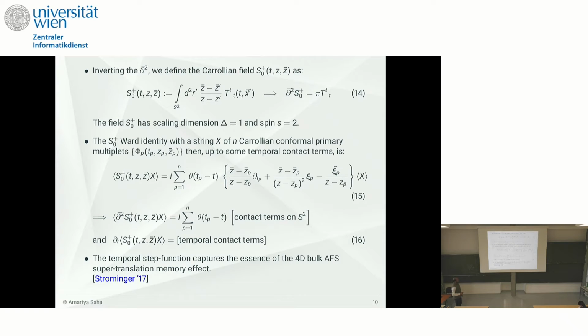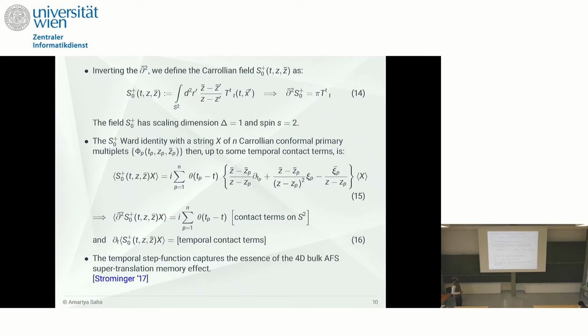I am considering non-coincident temporal insertions so that the temporal contact terms are not giving any contribution in position space, but we have to be careful, because if we blindly Fourier transform this, there can be some non-zero contributions coming from these temporal contact terms. So in position space, equation 15 is fine, and equations 16 and so on simply follow from 15.